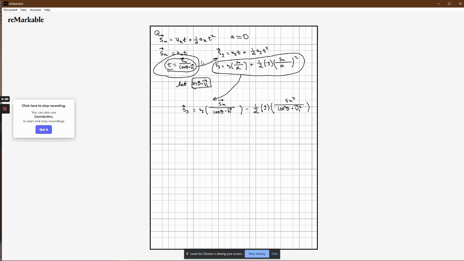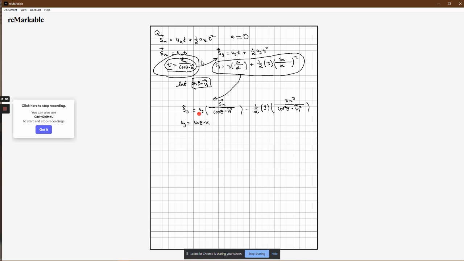Right. And now if we somehow manage to substitute u, so we know that the initial velocity in the y direction is sine theta multiplied by v1, right?